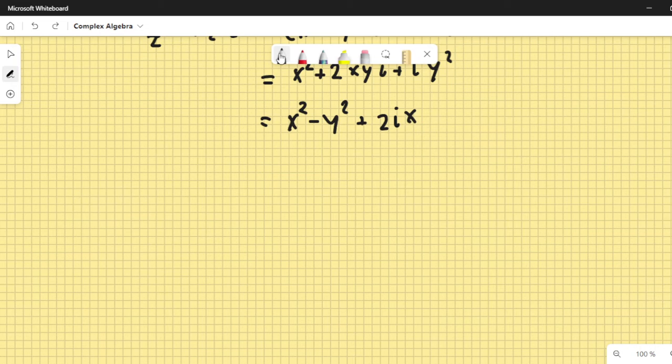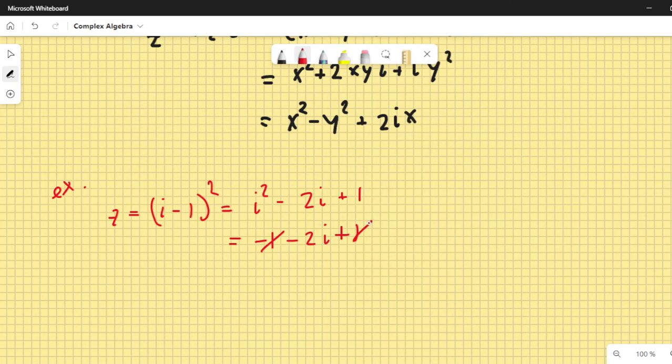To name an example, if the number is c equal to i minus 1 squared, just take the square and that's it. Square of the first, double the product, square of the second. Do the calculations.